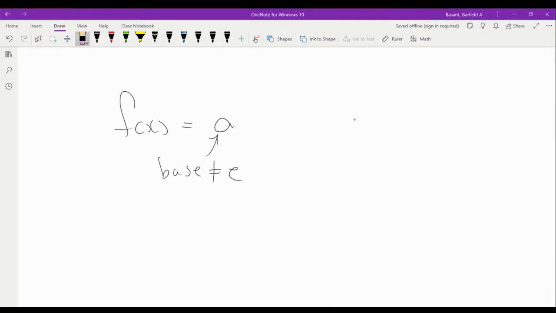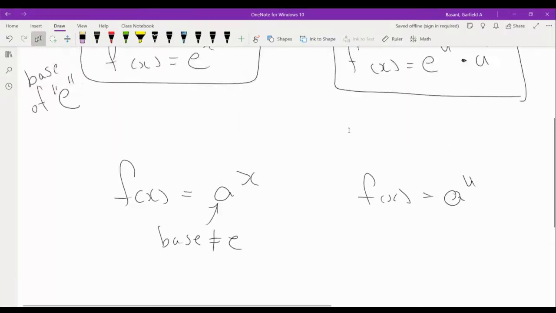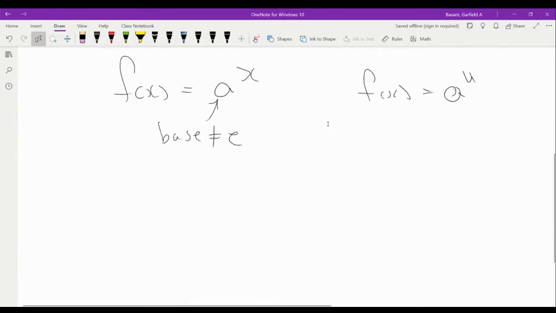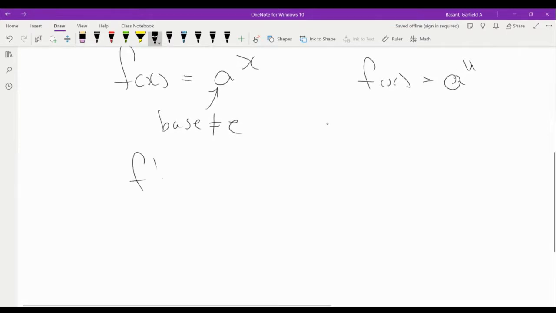And actually, let's start with a to the x, and f of x is equal to a to the u. Very similar in the original format of the functions. We previously had e to the x, now we have a to the x, and we previously had e to the u, now we have a to the u. The only difference in the derivative is that f prime of x is equal to the ln of a.